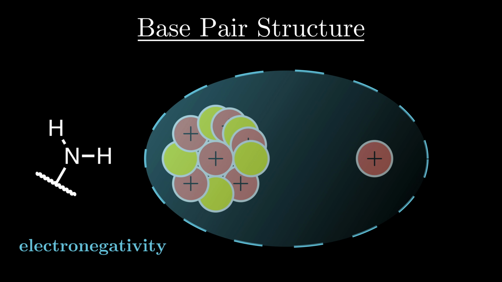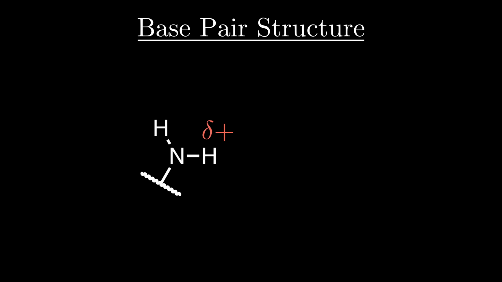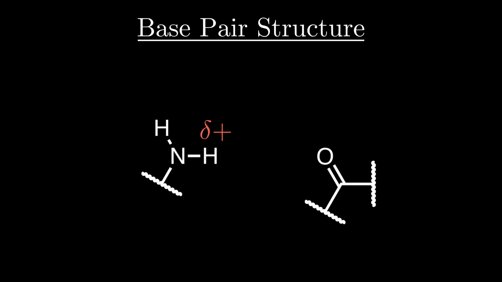The result of this is that the single proton that forms the nucleus of the hydrogen atom is more exposed, and therefore that area is more positively charged than it would be otherwise. Why is this important? Well, oxygen and nitrogen atoms have lone pairs of electrons, shown here as blue dots, which are of course negatively charged.